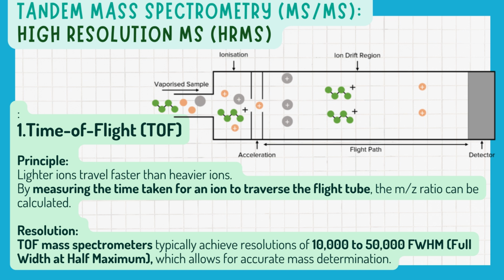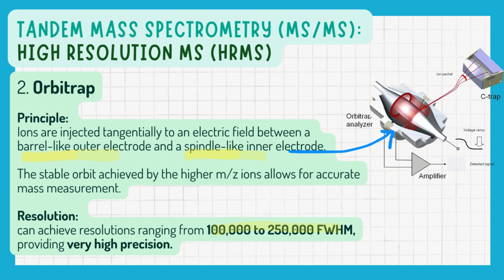And for the resolution, it can typically achieve resolutions of 10,000 to 50,000 full width at half maximum. So this is really an accurate determination of the mass, guys, with our high resolution time of flight assays under tandem mass spec.